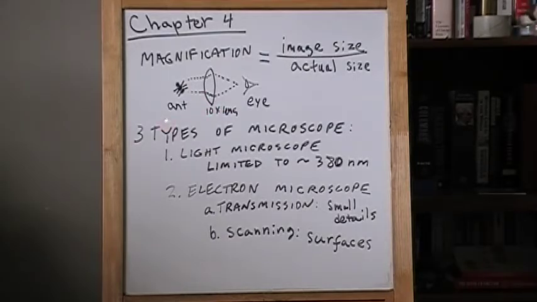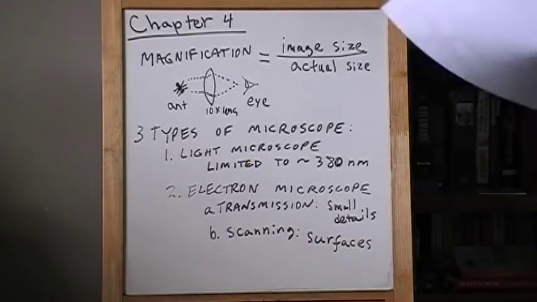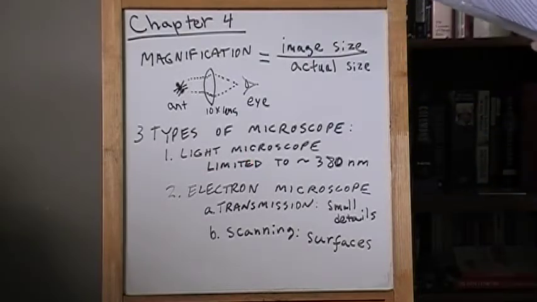And there are 3 types of microscope. The first type is the light microscope. The light microscope, however, is limited because it uses visible light to form the image.